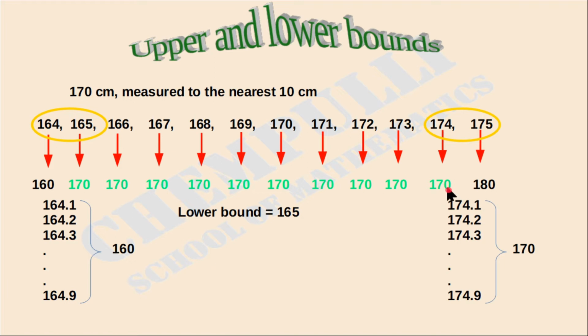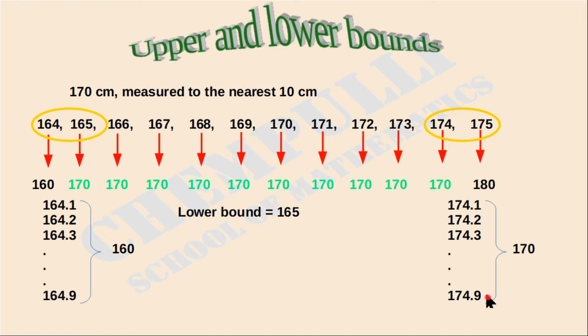You can check this case also, we got the answer 170. That means up to 174.9 we got the answer 170. Now we can check the values in between 174.9 and 175.